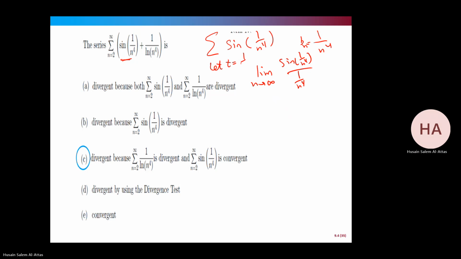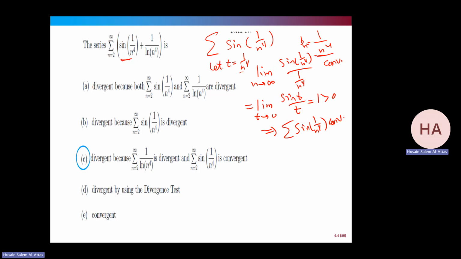Let t equal 1 over n to the power 4. What you will have, limit as t goes to 0. As n goes to infinity, that will be 1 over infinity, which is 0. Sine t over t, which I know is 1, positive. So this limit is positive, and this one converges. So that means this series will converge. Now come to the next one.